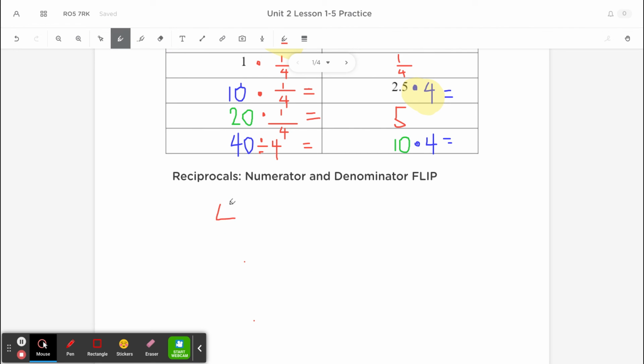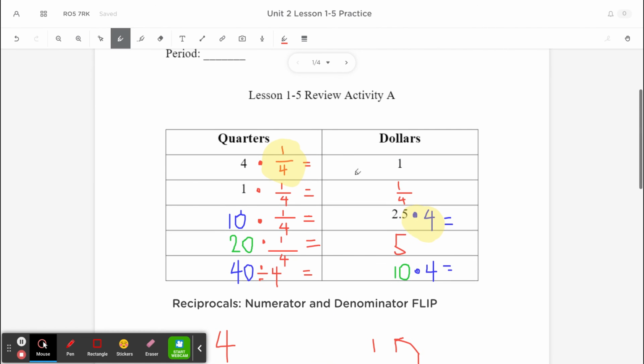Let me write that out for you. 4 over 1 has a reciprocal of 1 over 4, and that's just because the numerator and the denominator flipped. In a ratio table, when we have two constants of proportionality, those two constants of proportionality are always reciprocals.